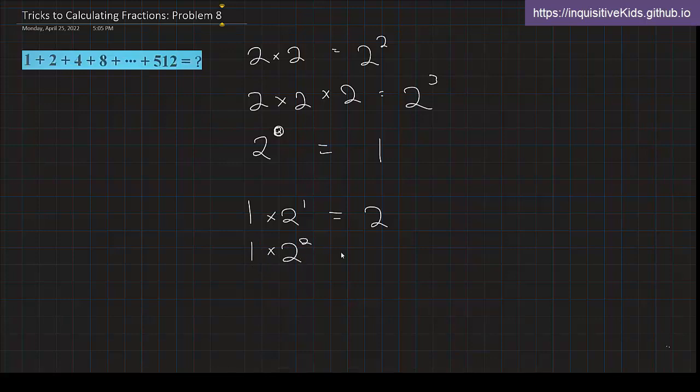2 to the second power is 4. 2 to the third power is 8. What about 2 to the 0th power? Well, there would be no 2's being multiplied.